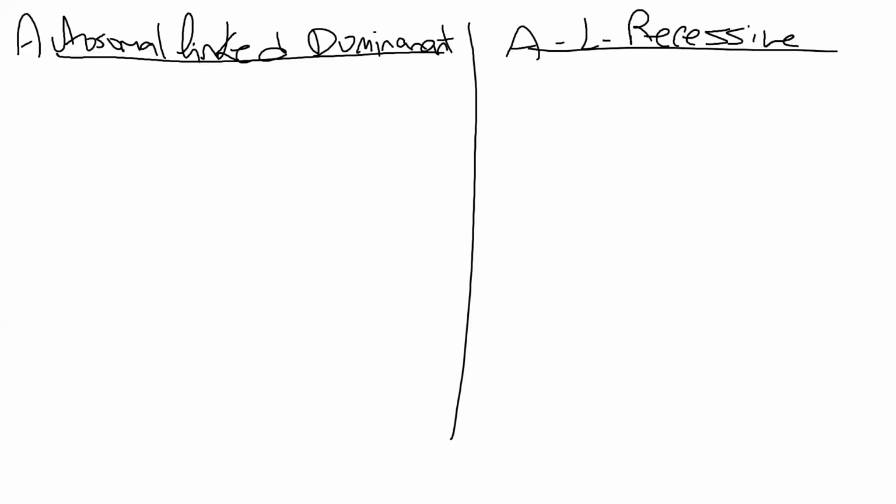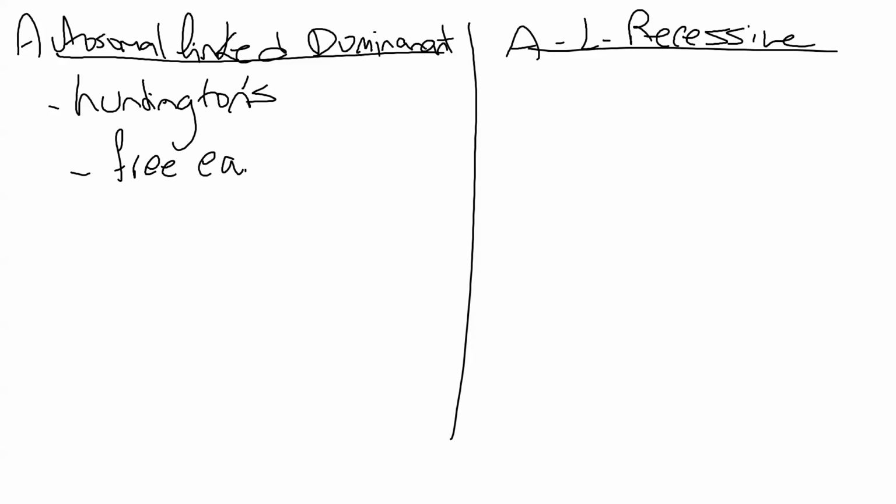So the autosomal linked dominant are Huntington's chorea, free earlobes, achondroplasia, which is also called dwarfism.